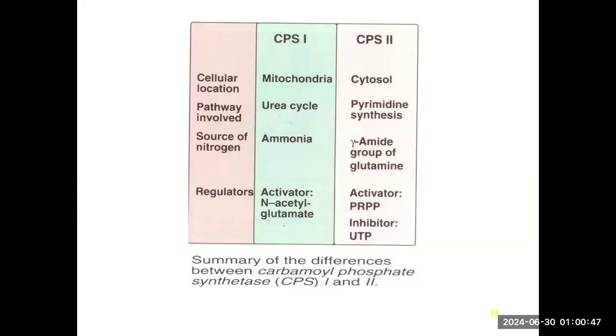Used for the pathway, carbamoyl phosphate synthetase 1 is used for the urea cycle, and carbamoyl phosphate synthetase 2 is used for pyrimidine synthesis.